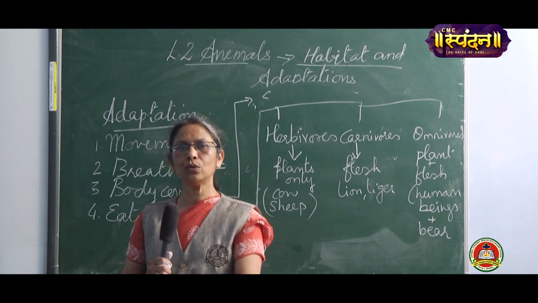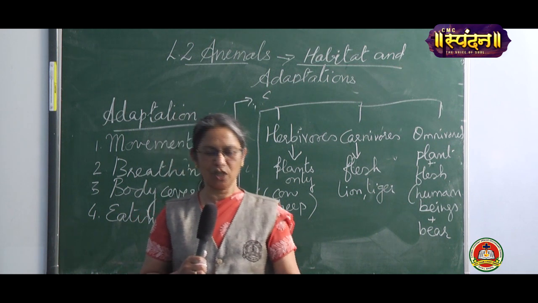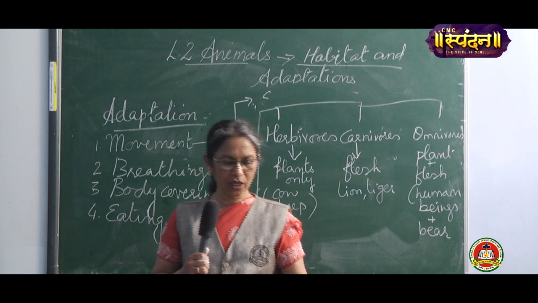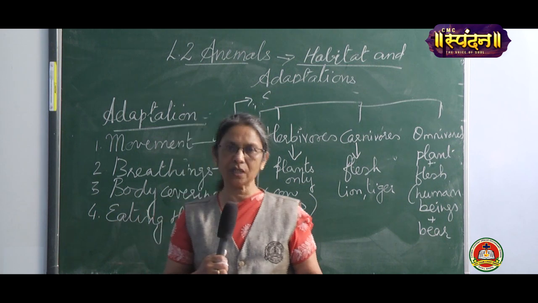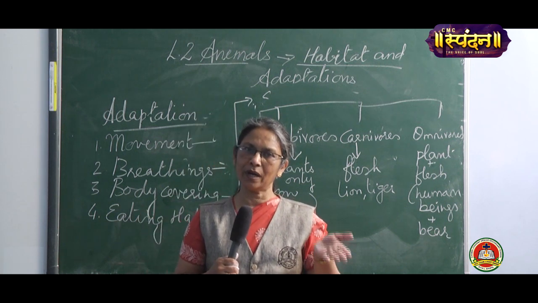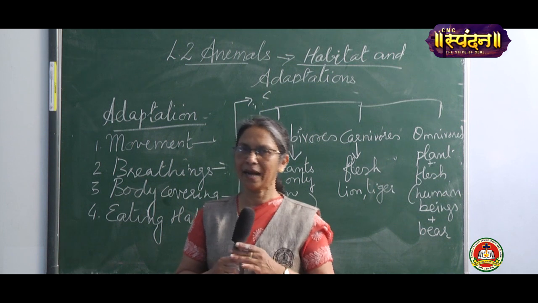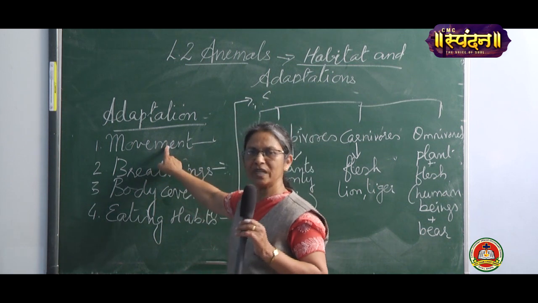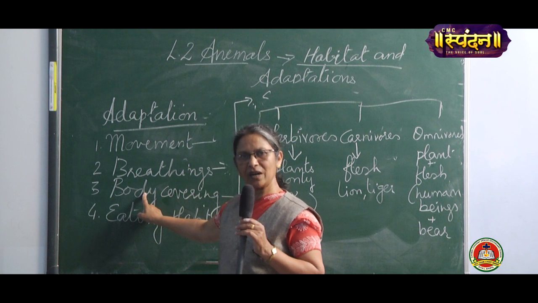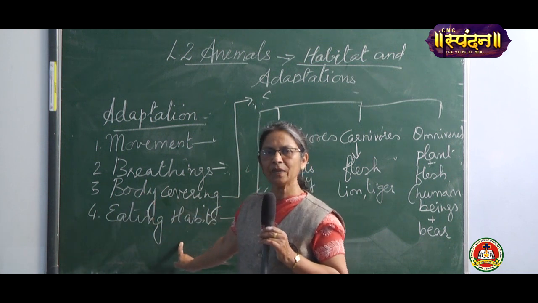Then we came to the new heading, that was adaptation. Now, what is adaptation? Any change in the features or behavior of a species that helps it to survive in that particular habitat is called adaptation. And they have got their own modified organs in their body. Adaptation can be for movement, for breathing, for body covering, and for eating habits.